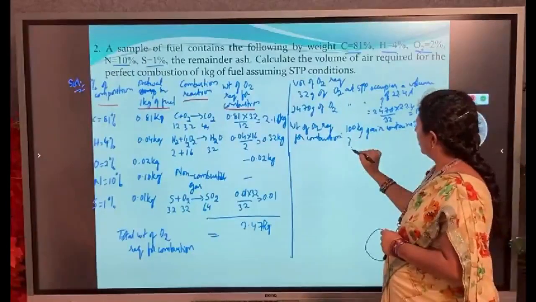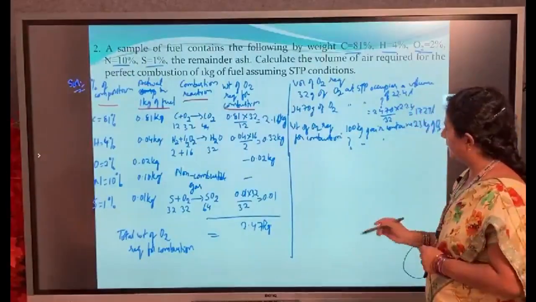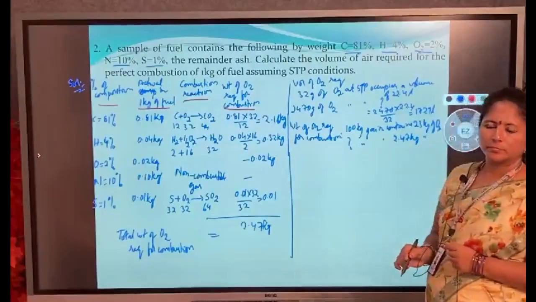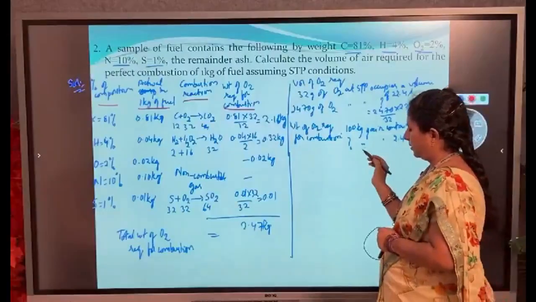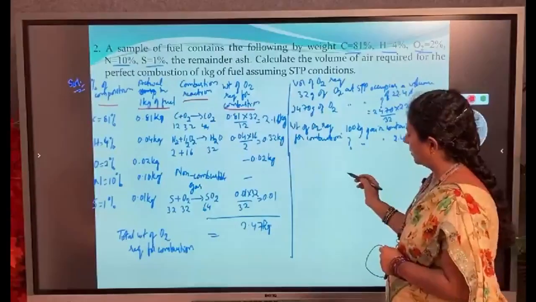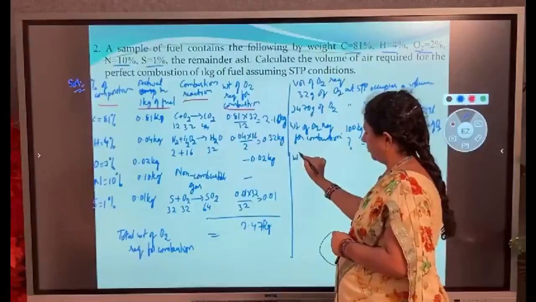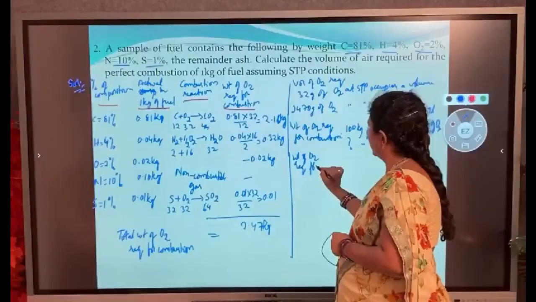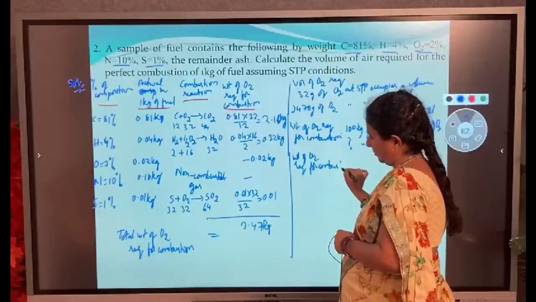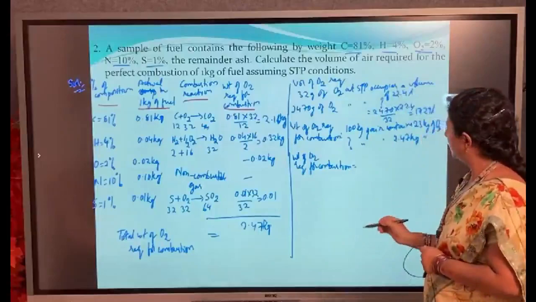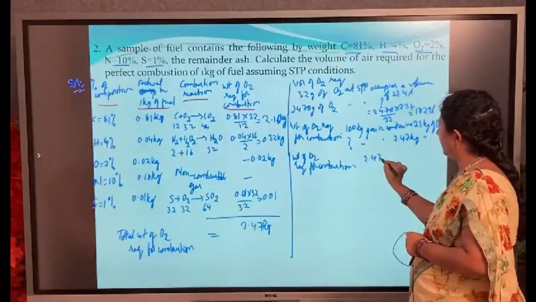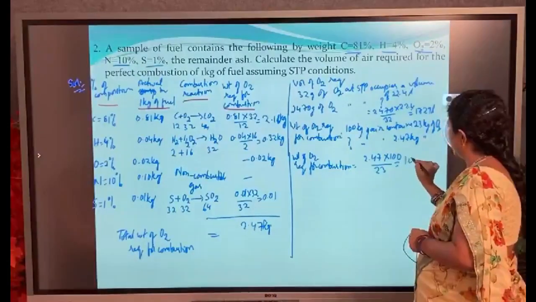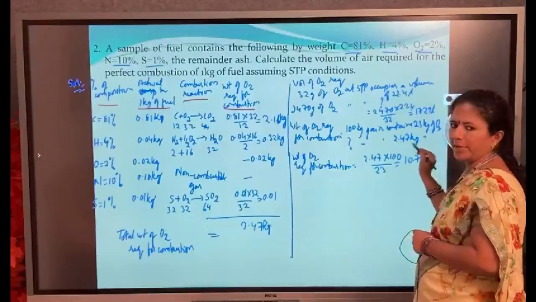Now, how many kgs of air contains 2.47 kg of oxygen? So the weight of air required for combustion will be equal to 2.47 into 100 by 23, which is equal to 10.74 kgs.